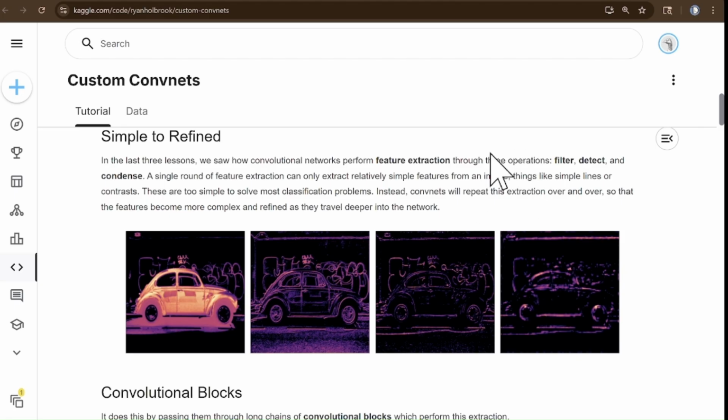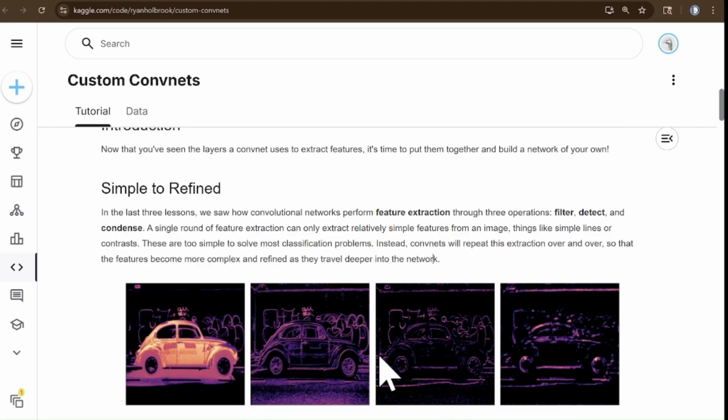So what do we do? We repeat the same things over and over so that the features become more complex and refined as they travel deeper into the network. Simply, they want to say that if you do it once, you can only get the simple features, but you need more complex features. Only then can you identify whether it is a car or a truck, a cat or a dog. So they do the same thing again and again.